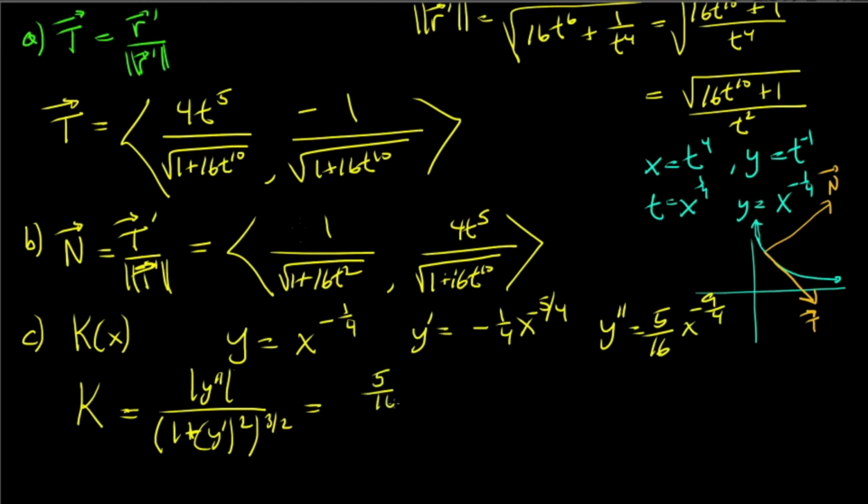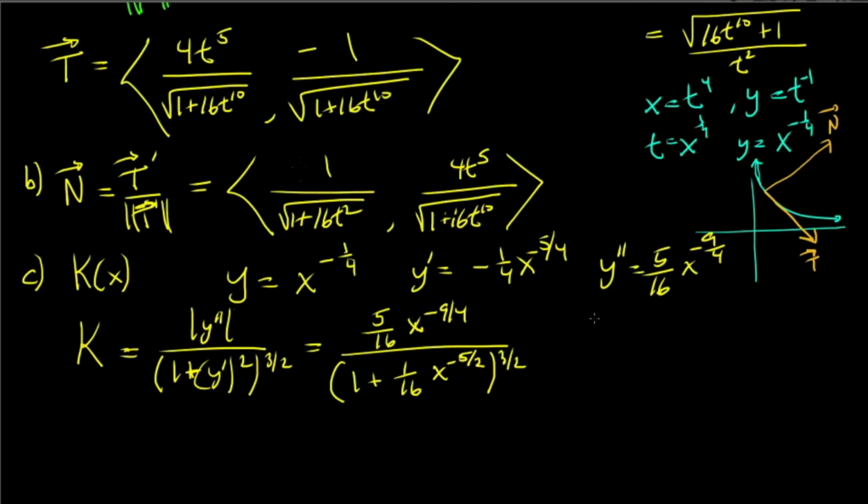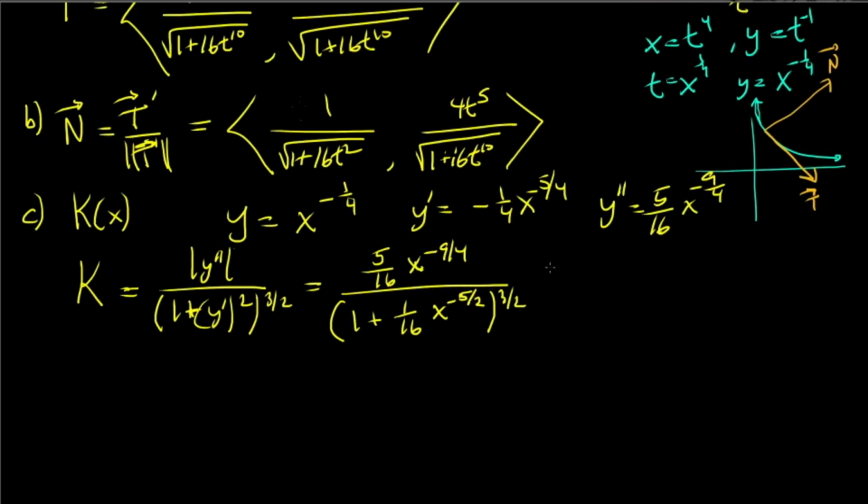Okay, so 5/16 x to the negative 9/4 divided by 1 plus, when you square this, you get 1/16 x to the negative 10/4, so that's negative 5/2, to the 3/2. Kind of a mess. I'm wondering if we can maybe simplify this a little bit.